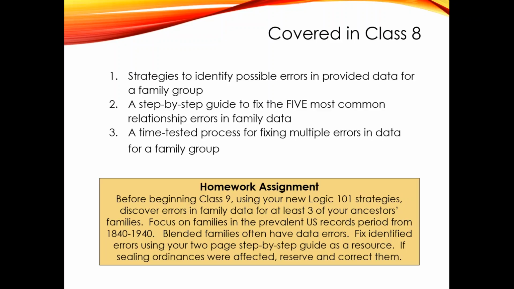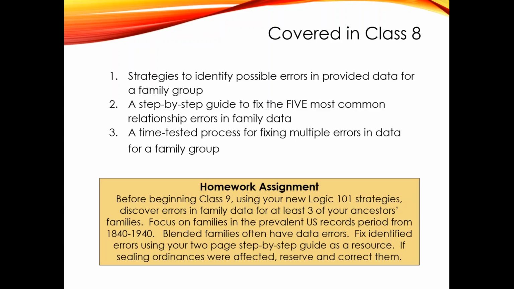We've talked about strategies to identify possible errors in provided data for a family group. We've reviewed a step-by-step guide to fix the 5 most common relationship errors in family data that occur in family groups, whether it's a simple family group or a great big one. These are the same 5 common relationship errors you simply have to know how to fix.